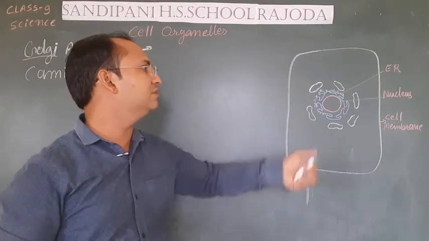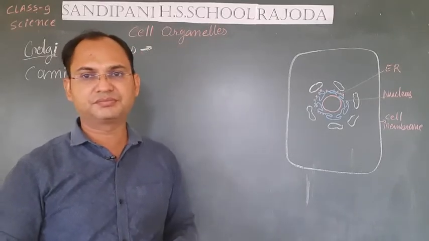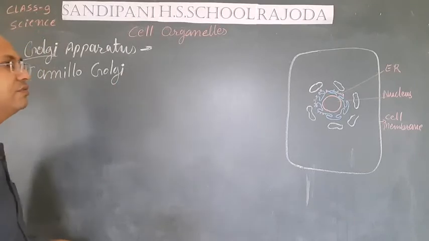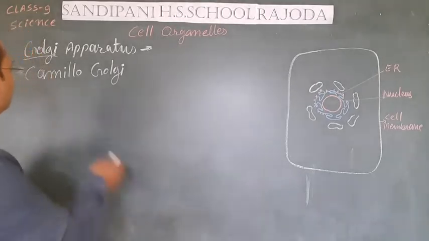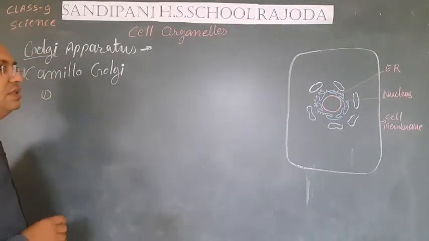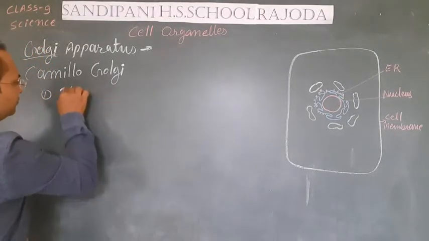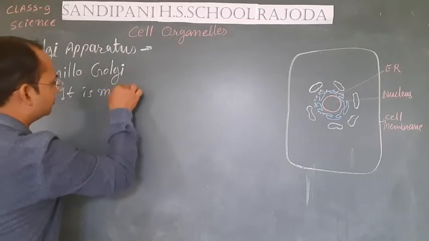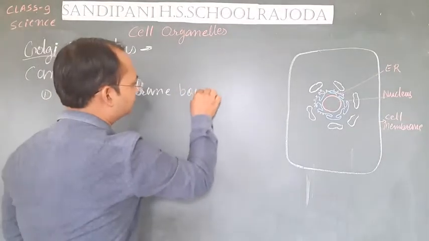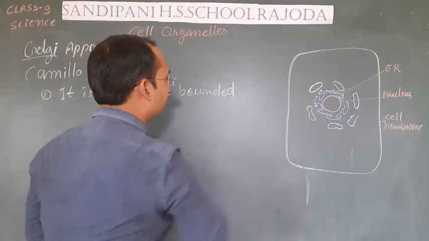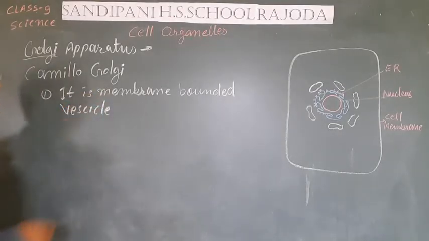Now students, let's see what are the different functions of the Golgi body. If we talk about the functions and properties of the Golgi apparatus, the very first property is that it is a membrane bounded vesicle.